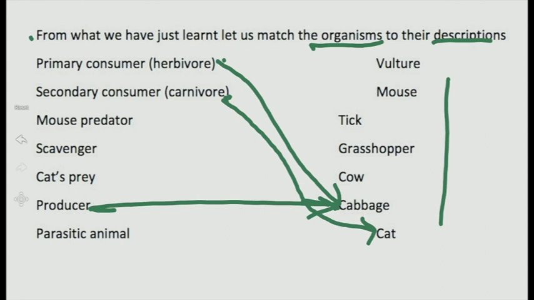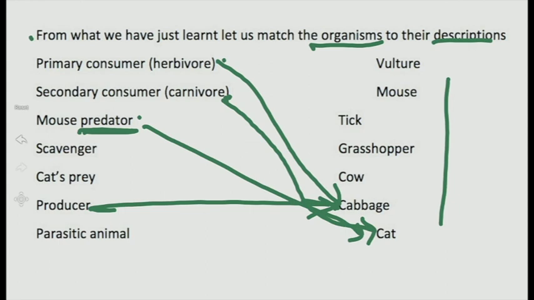Now we have something that feeds on a mouse. It is called its predator, the mouse predator, such as also the cat. A cat hunts. The predator is that organism which hunts the other or gets food from the other.